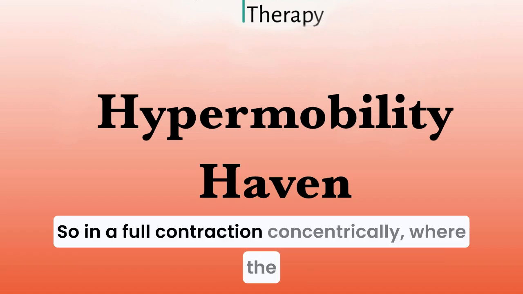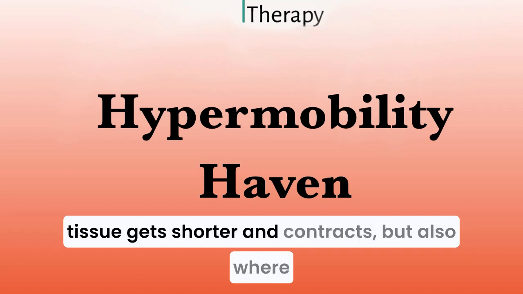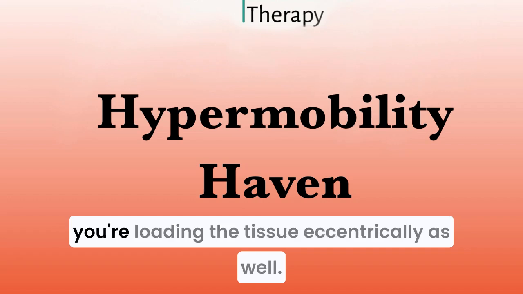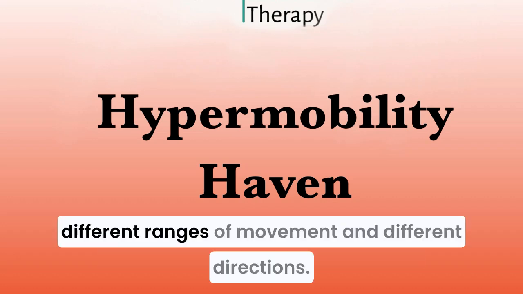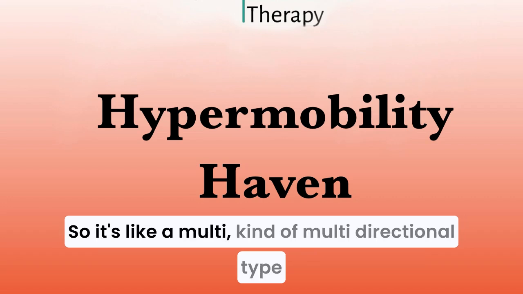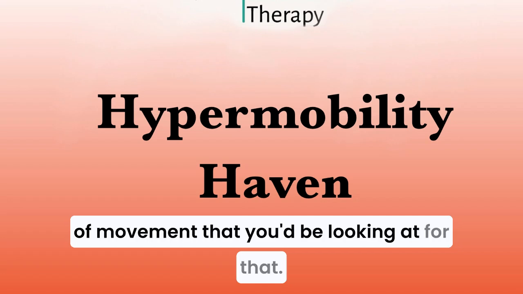So in a full contraction, concentrically, where the tissue gets shorter and contracts, but also where you're loading the tissue eccentrically as well. And you're also loading it in lots of different ranges of movement and different directions. So it's like a multi-directional type of movement that you'd be looking at for that.